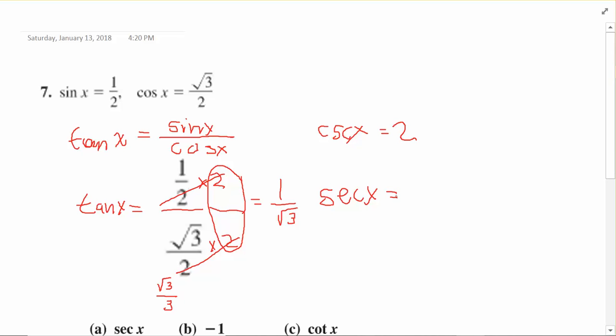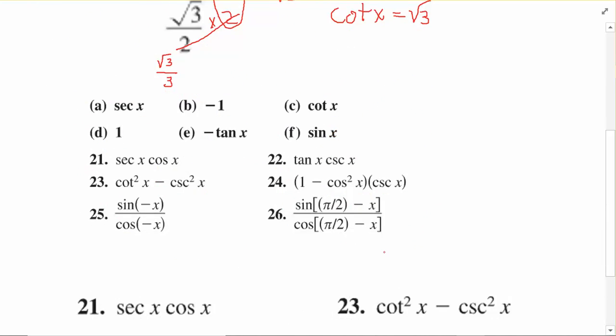The secant is the reciprocal of root 3 over 2, because it's the reciprocal of the cosine, so that would be 2 root 3 over 3. And the cotangent's the reciprocal of the tangent. And since the tangent's 1 over root 3, then the cotangent is root 3. So then we got all 4 trig functions from that.